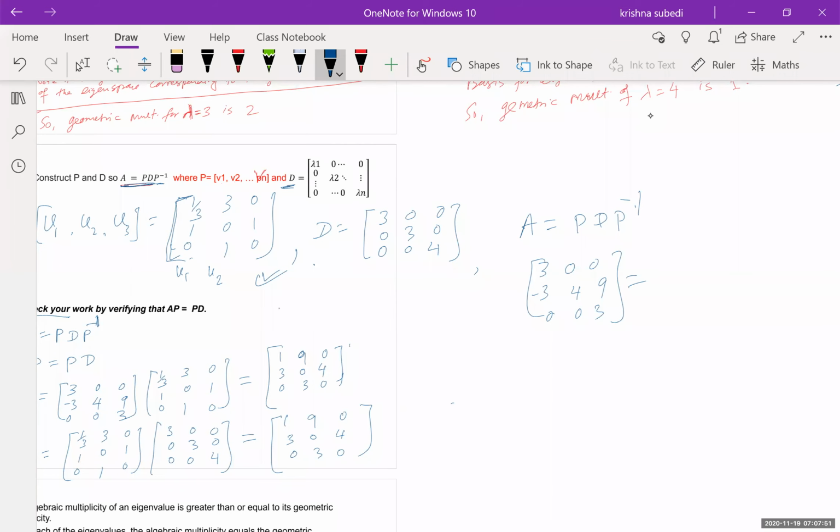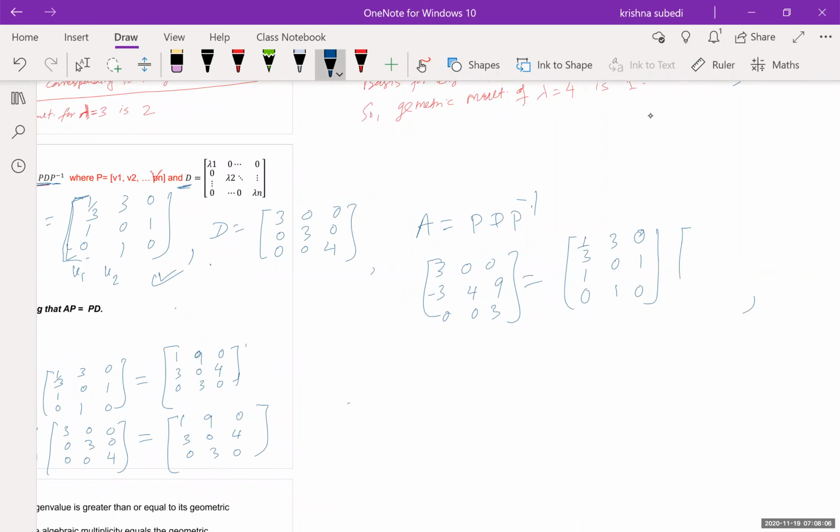This matrix can be written as P, which is 1 over 3, 1, 0, 3, 0, 1, 0, 1, 0, and then D is this matrix 3, 0, 0, 0, 3, 0, 0, 0, 4, and then P inverse. You can calculate that P inverse yourself. And so this matrix and the product of these three matrices will be equal. That's what it means.